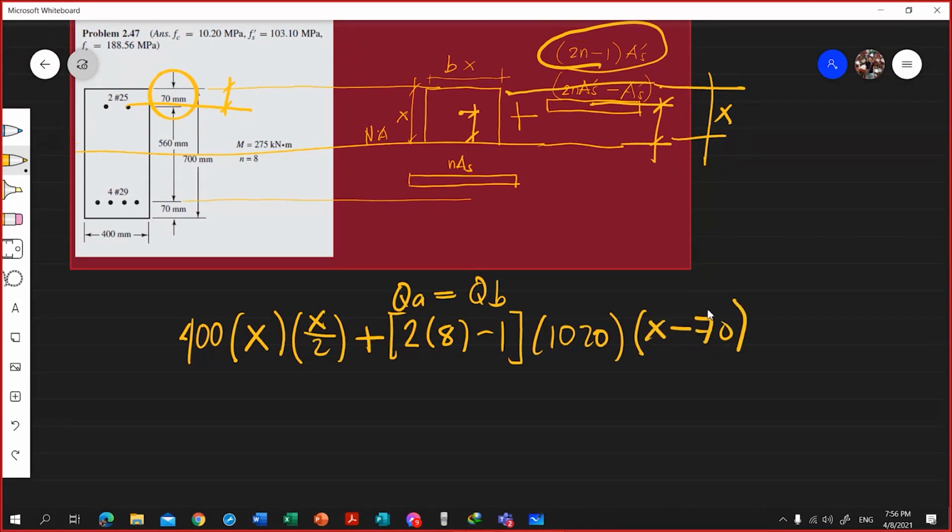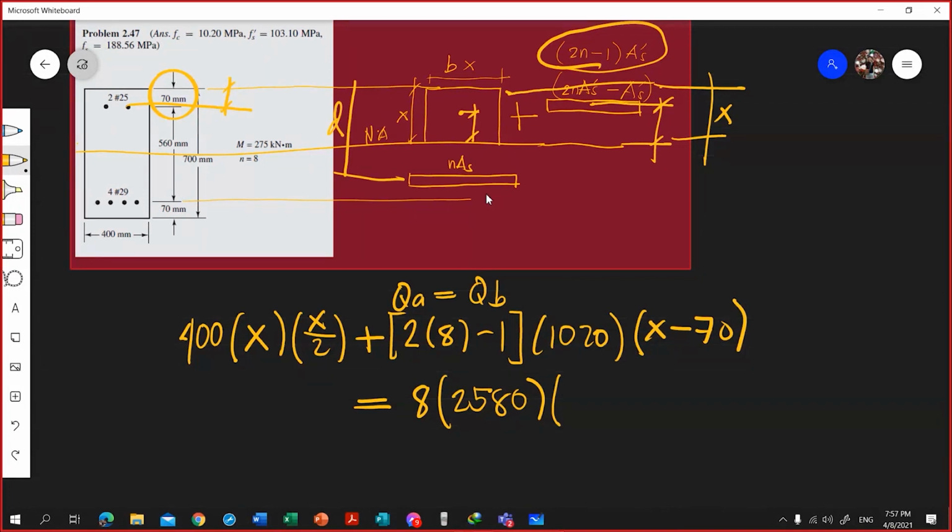Okay, so this is your Q above. This is equal to your Q below. Your n is 8 and your As is equal to 2,580, multiplied by the distance of this area from the neutral axis, and that is the effective depth minus x. That's the effective depth.